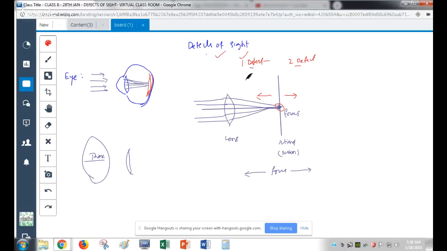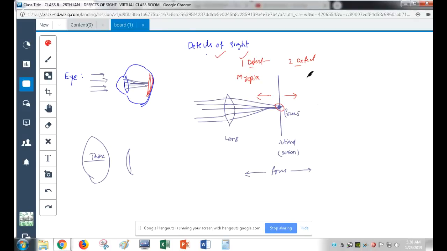If the focus comes forward, we get myopia.